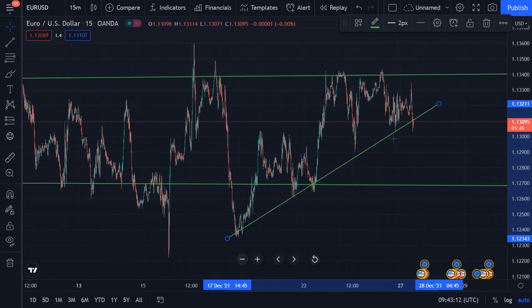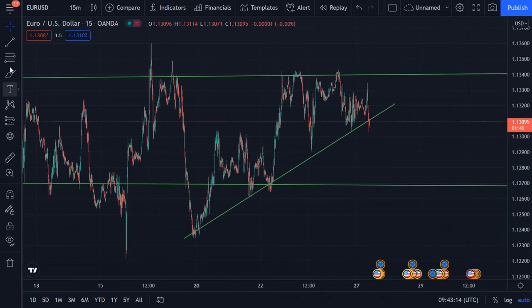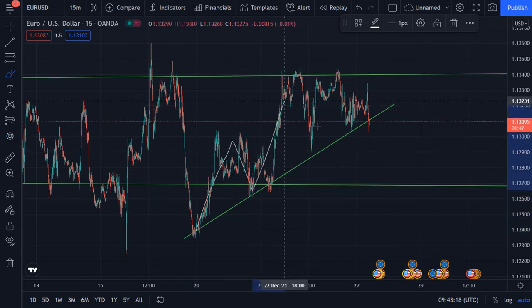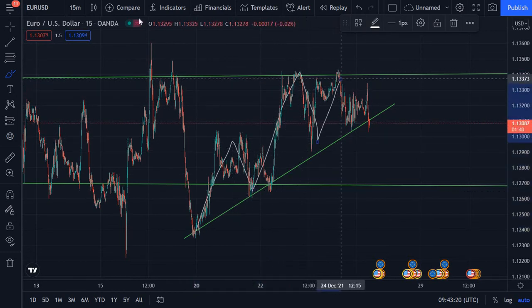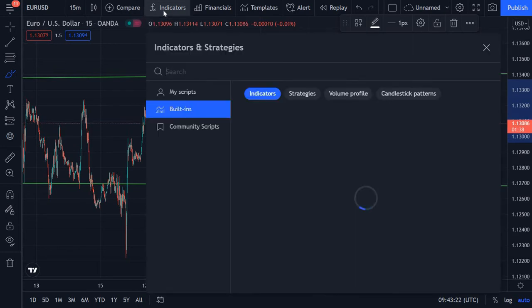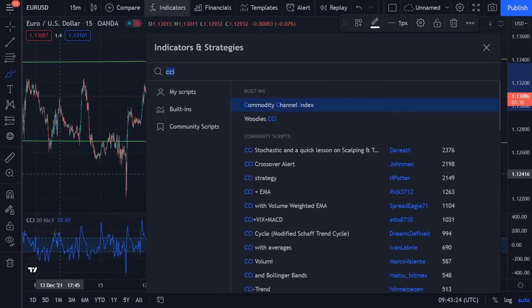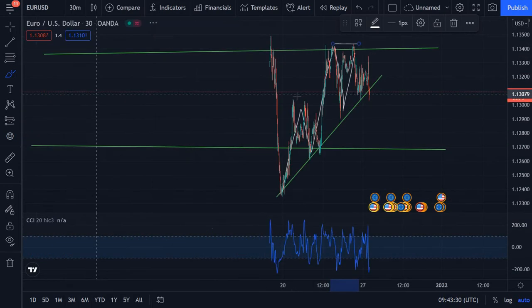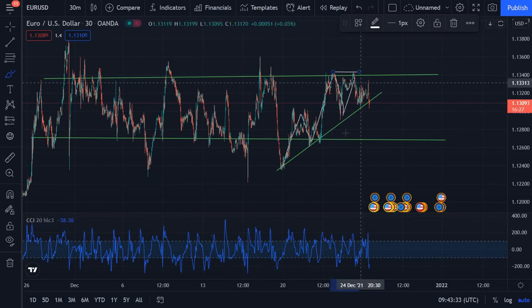So potentially what we want to look at is, if we add the CCI as well, and here kind of a double top. If we check the 30-minute chart again, so here kind of a double top.